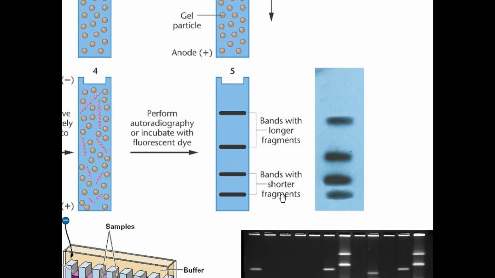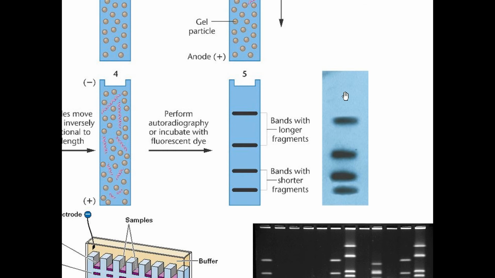Okay, so this is what an actual gel might look like after labeling. DNA on its own, of course, is invisible to the eye. However, you can label it. You can place molecules in there that attach to the DNA, and those molecules might be radioactive.